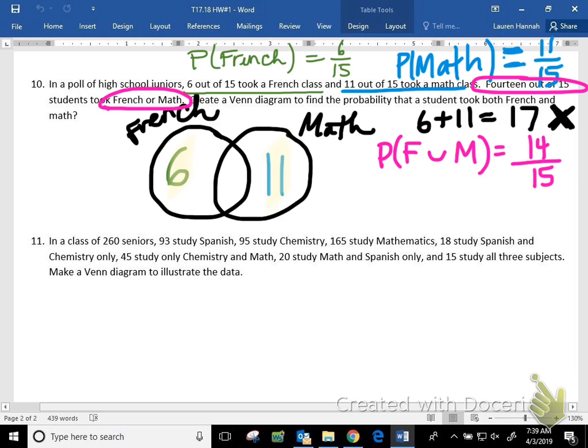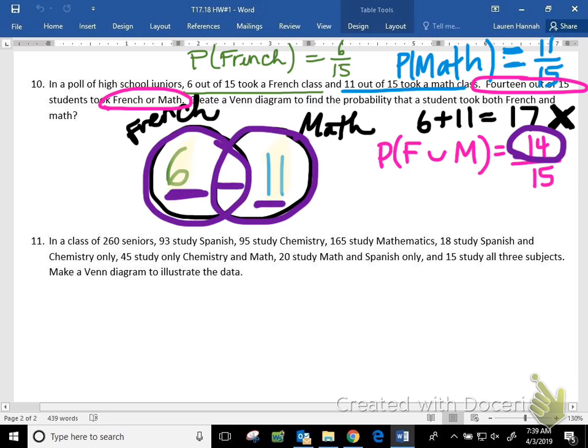First of all, this 14 tells me that the three positions in the French circle and the math circle should add up to just 14. The second thing it tells me is I'm only using 14 of the 15 students. I still have one extra student over here in the none category.